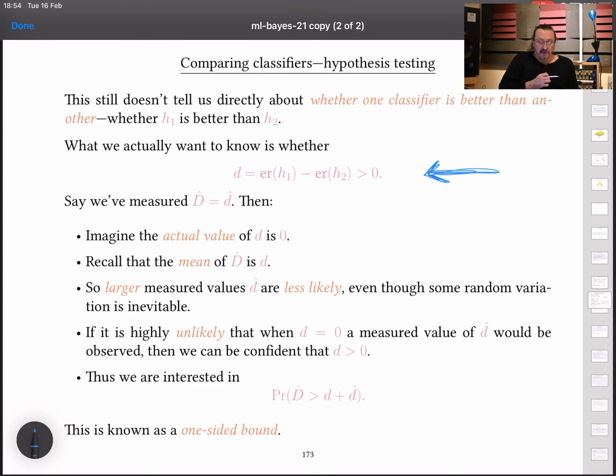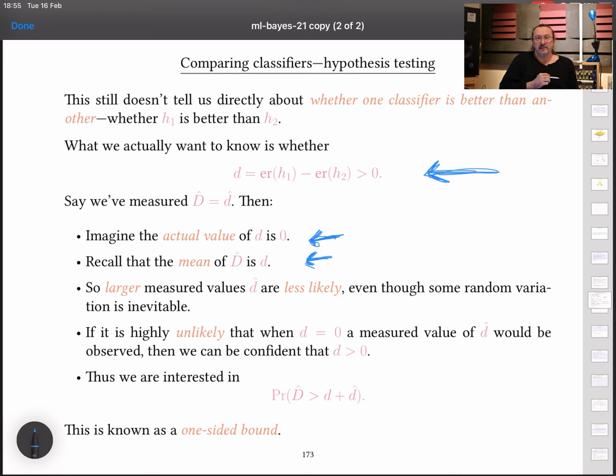And you can imagine, for instance, the case where there is no difference between these two classifiers H1 and H2. So the actual value of d is 0. Okay. Well, we know that the mean of the estimate is d as well. Okay, we know it's an unbiased estimate. So larger values of that estimate are less likely, even though you're going to get some random variation.